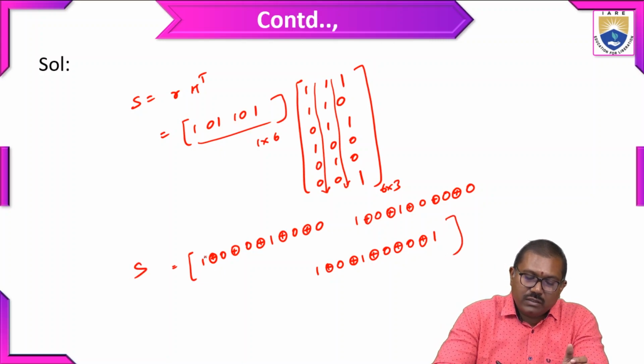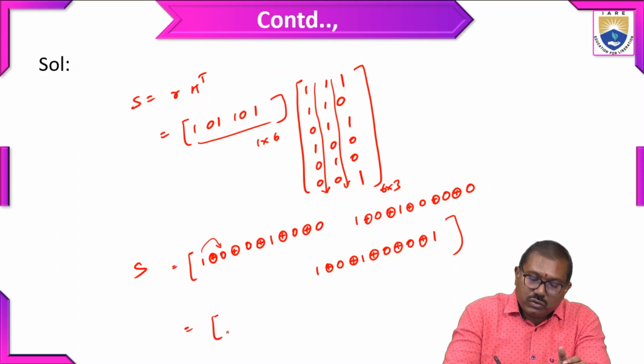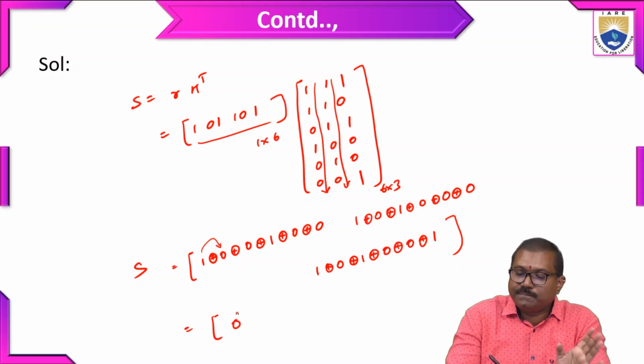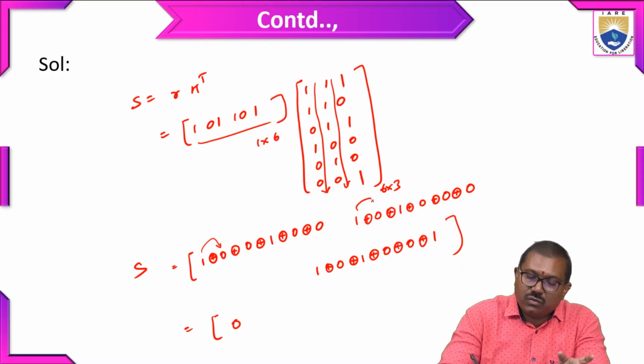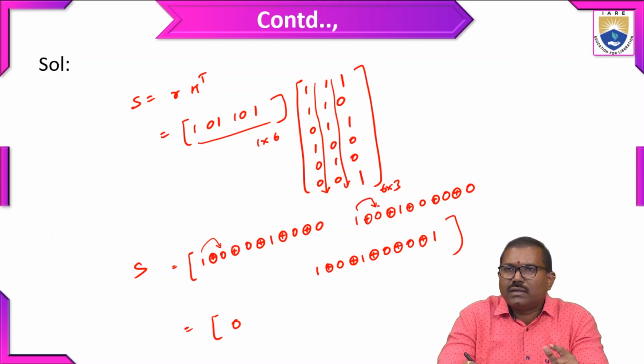So here 1 XOR 0 is 1, again 1 XOR 0 is 1, 1 XOR 1, what you got, 0. So first one is 0. Second also: 1 XOR 0 is 1, 1 XOR 0 is 1, so 1 XOR 1 again 0.